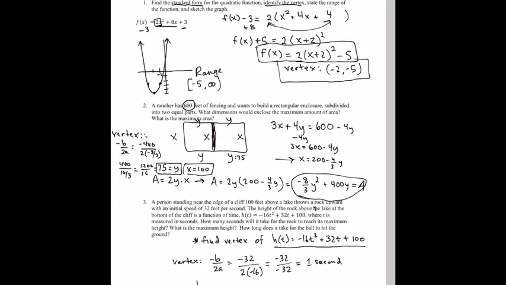So the height at time t equals 1 is h of 1, that was 116 feet.